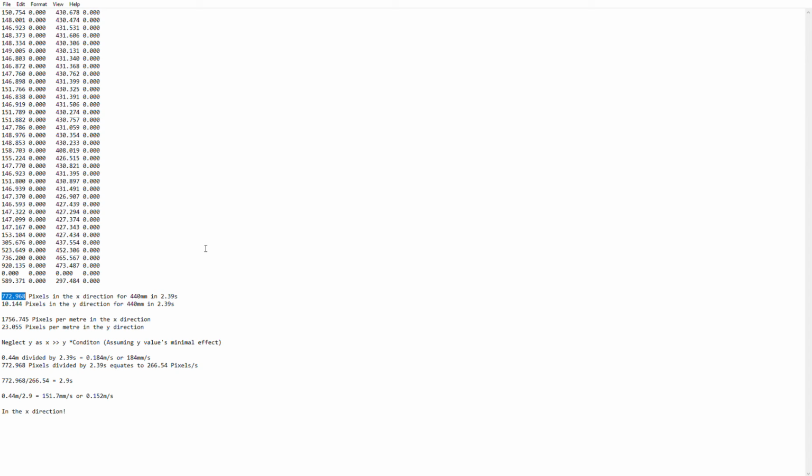The reason it traveled in the Y is that it was rolling at a slight angle, due to the actual table being at a slight angle, as well as the camera not being perfectly leveled, and this has contributed to values being recorded in the Y direction. We do some mathematics, and we analyze that it's approximately 1756 pixels in the X direction and 23 pixels in the Y direction per meter. So that's what's going on right there.